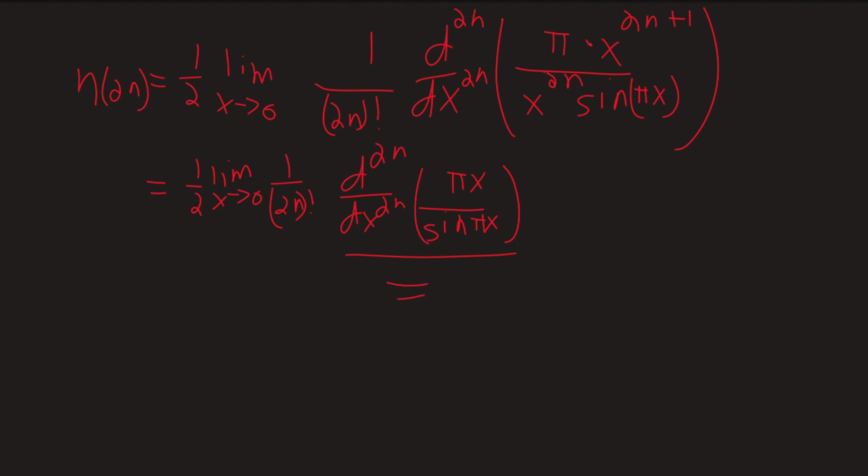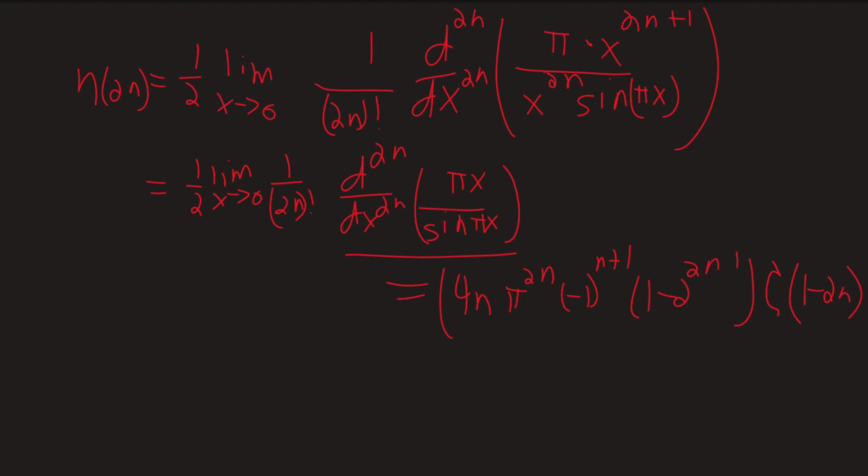This right here, at least in terms of the zeta function, it's quite long, but it's equal to 4n times pi to the 2n times -1 to the n plus 1 times 1 minus 2 to the 2n minus 1 times zeta of 1 minus 2n, which is quite a mouthful.